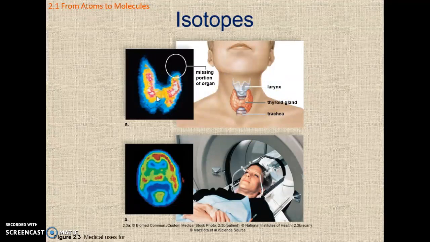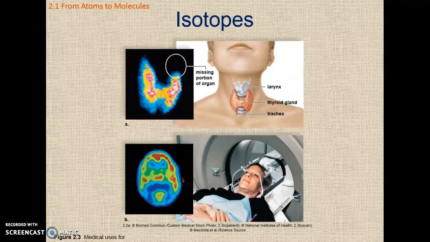So I needed to have a thyroid scan done, I don't know, 15 years ago. And to do this, I took a small amount of radioactive iodine solution. At the time, I was working in a research lab that used radioactivity.